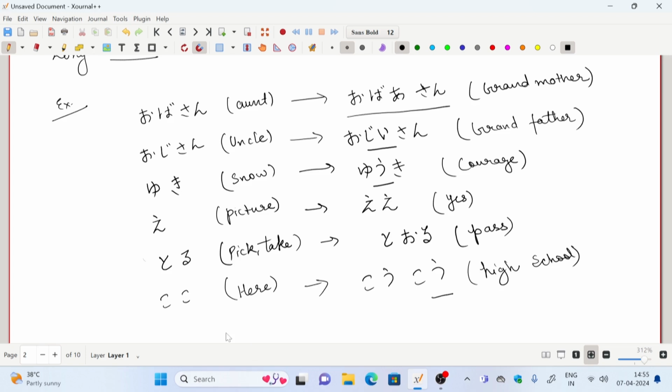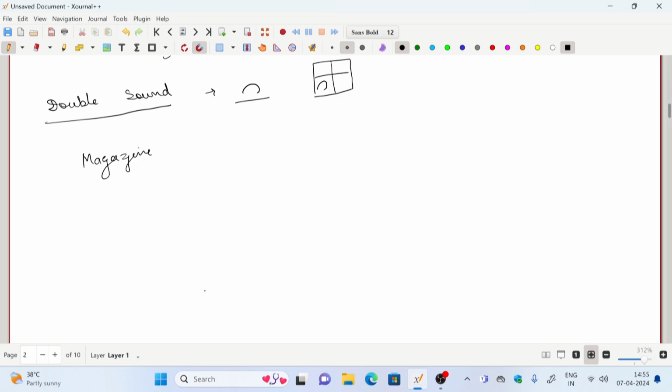Next we will do the double sound in Japanese. Double sound is very easy. We will use tsu and we will write it in 1/4 like this. Suppose the word for magazine in Japanese is zasshi. So shi is the double sound here.